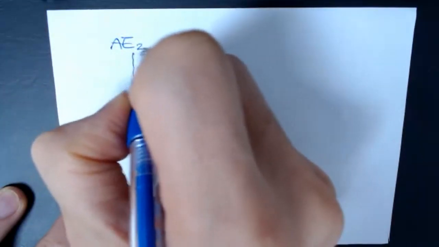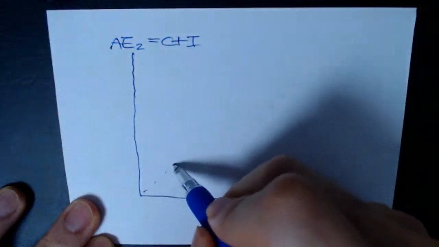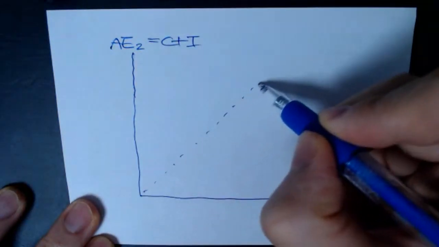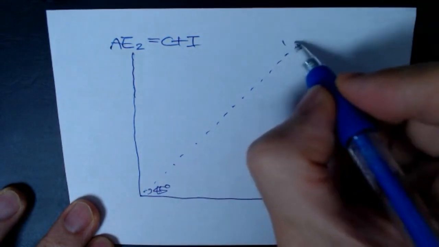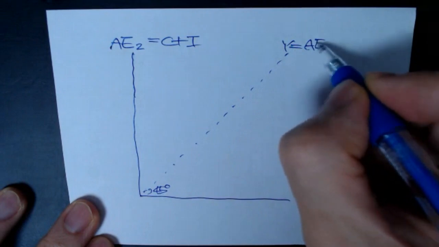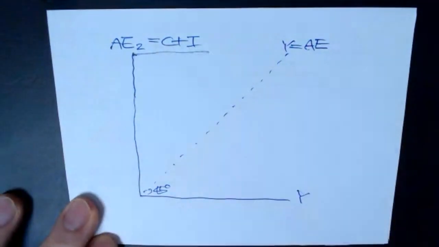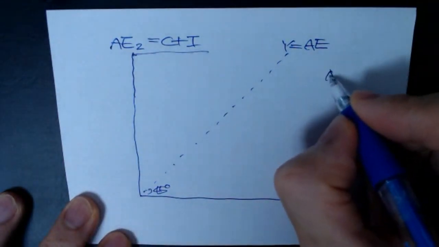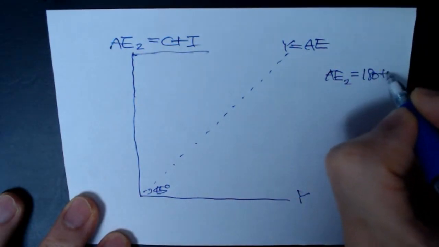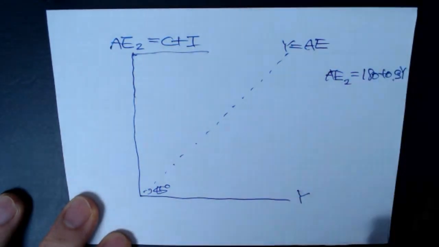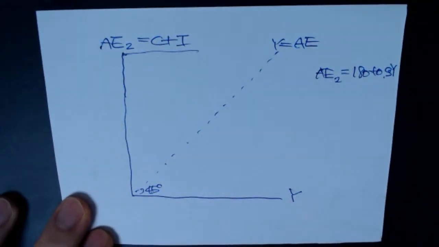I begin from the 2-sector. There's no difference in this 45-degree line; we should always keep this to find the equilibrium. In the 2-sector model, we had the equation like this, 180 plus 0.9y.